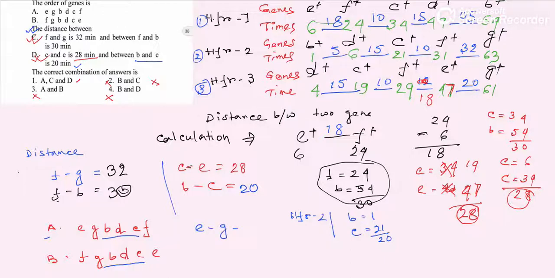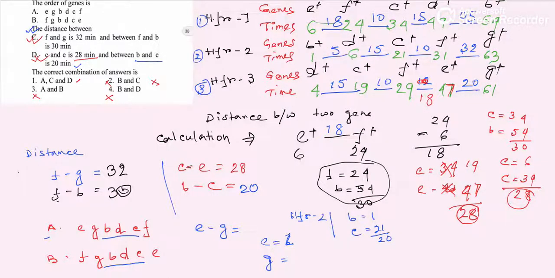We have to calculate which distance is smaller, that is, which genes are closely related. We have to discuss the distance between E and G. We can find that E is 6 and G is 63. Looking for E and G in the same order, we can find 47 and 61.